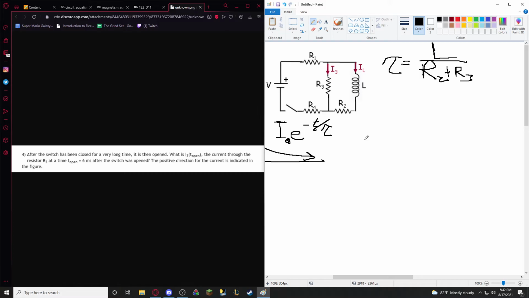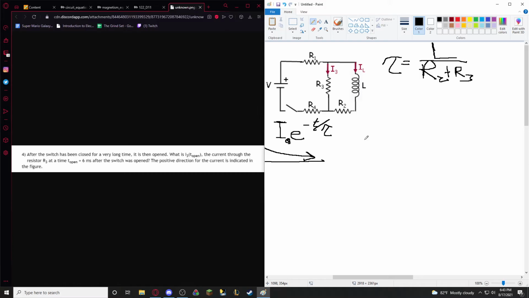So does the current through the inductor right when we disconnect the battery increase, decrease, or stay the same? Right after we open it, the current should stay the same, and then after a tiny fraction of a second, it will start to decrease.